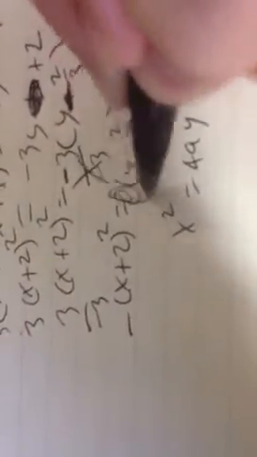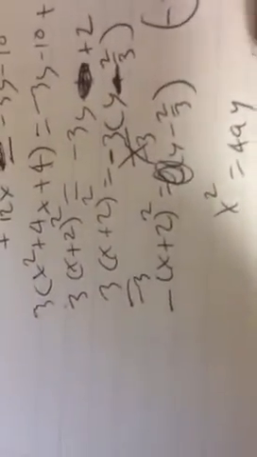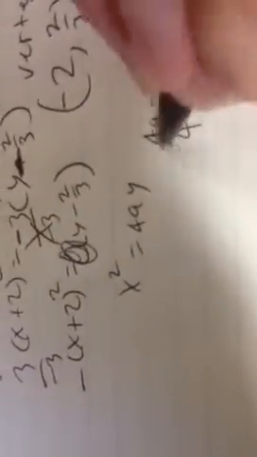Okay, next, to find the focus, you want to find a. The normal equation for the parabola is x squared equals 4ay, so the 4a is what's right here. Since that's just a 1, 4a equals 1, and you divide by 4, so a would equal 1/4.